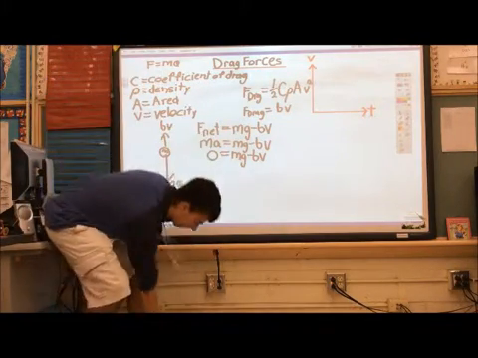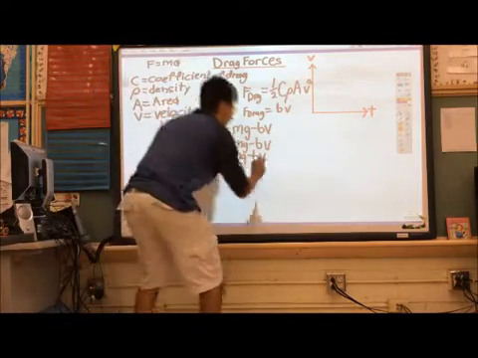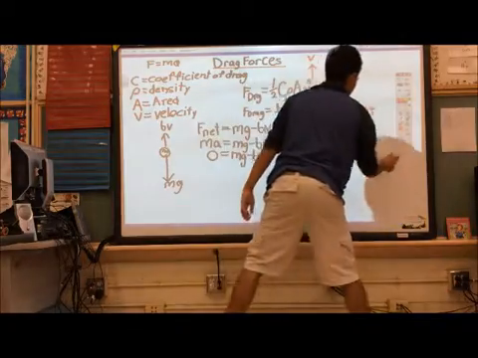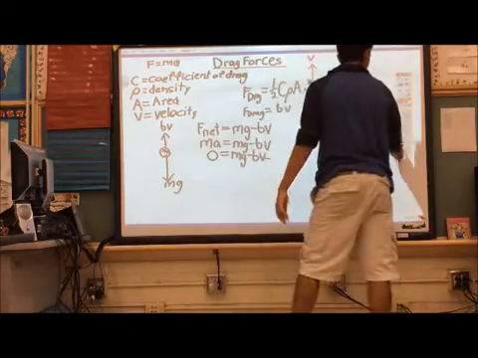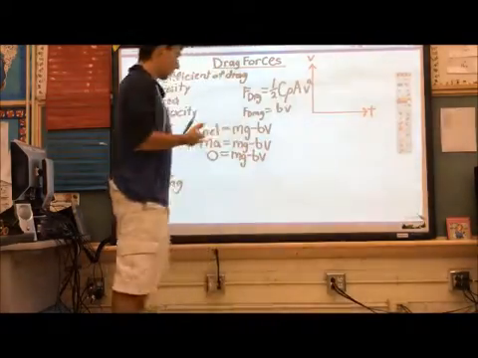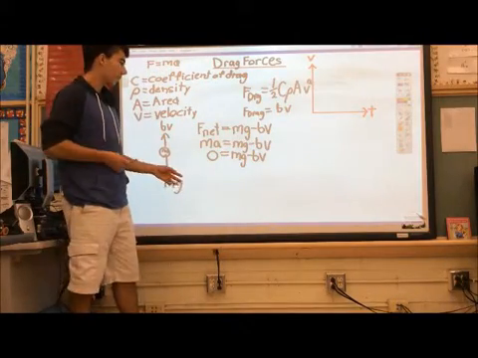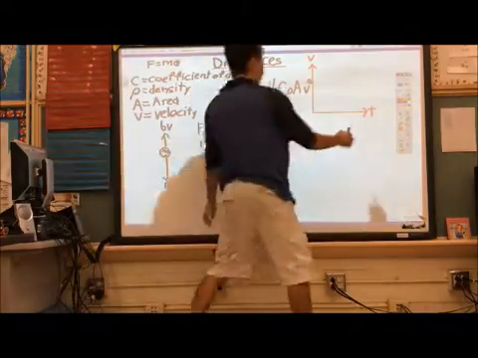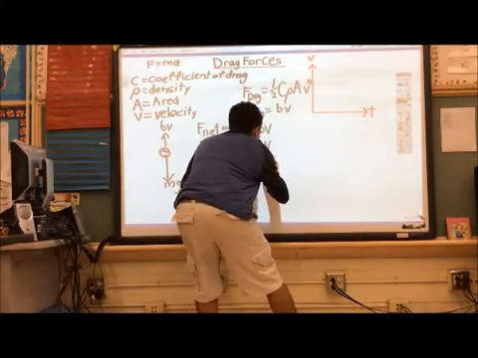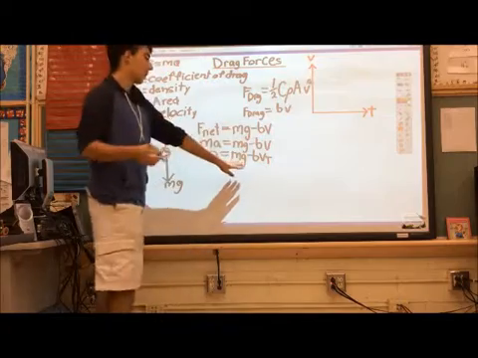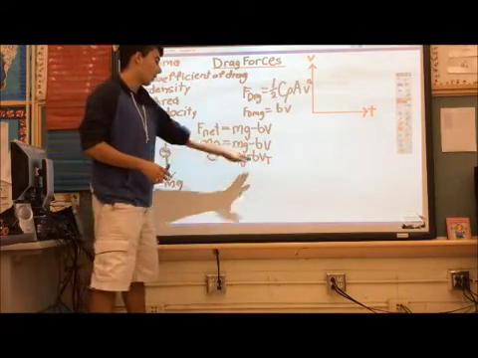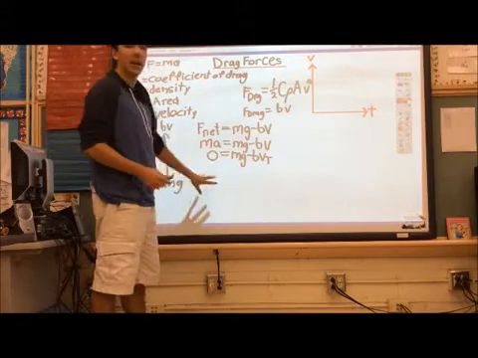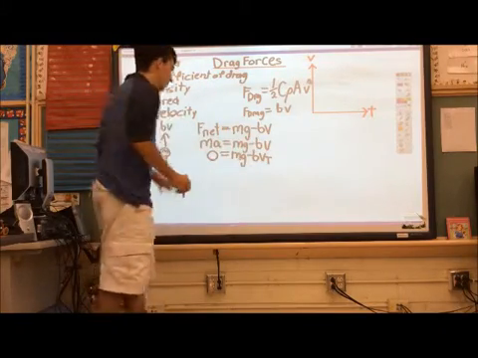So this is Vt, T for terminal. If we wanted to solve for that, all we would have to do is move this to the other side by adding bv to both sides.